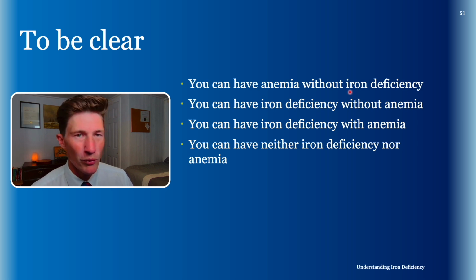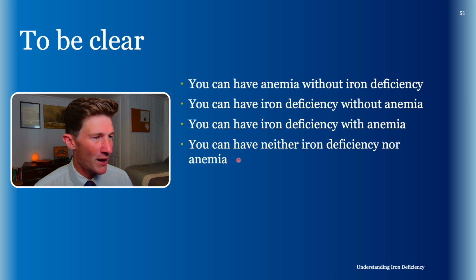Both of these are still problems. If you have anemia without iron deficiency, you need to get that solved. If you have iron deficiency without anemia, you need to get that solved. You can also have iron deficiency with anemia. You definitely need to get that solved, okay? And then what we're aiming for, what we all want, is to have neither iron deficiency nor anemia.